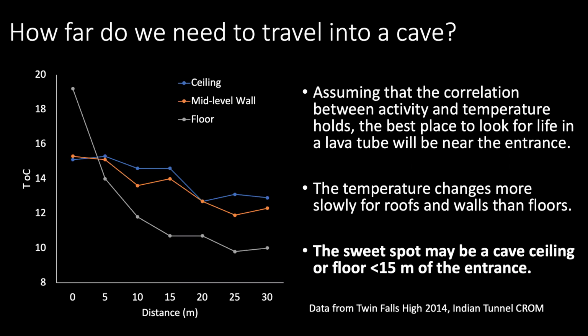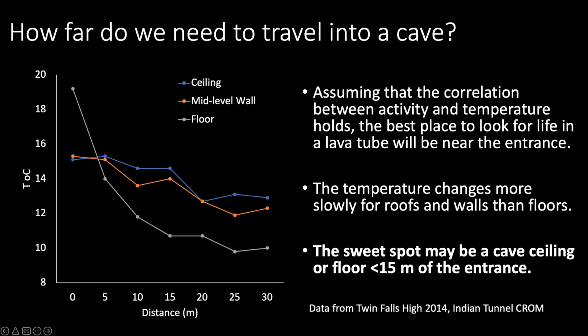They measured ceilings, walls, and floors, so the three surfaces that you might target, right? And what they found was that, obviously, right at the entrance, the floor of the cave is going to be the warmest, which seems pretty obvious and intuitive.